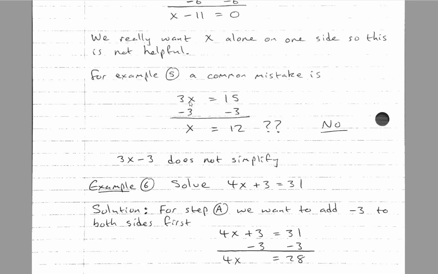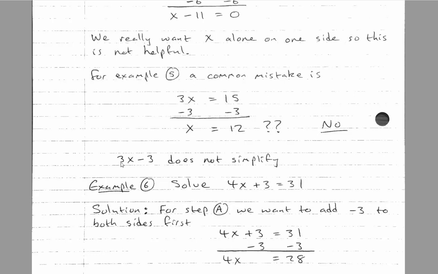Another kind of mistake is to use the wrong operation. 3x equals 15. What happens if you subtract 3 from both sides? Well, you get 12 on the right, but 3x minus 3, is that x?